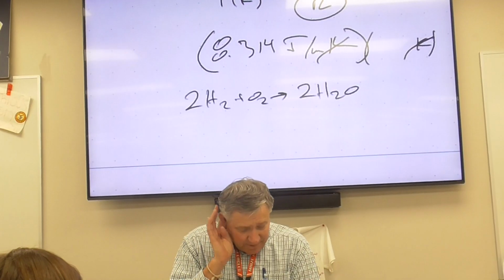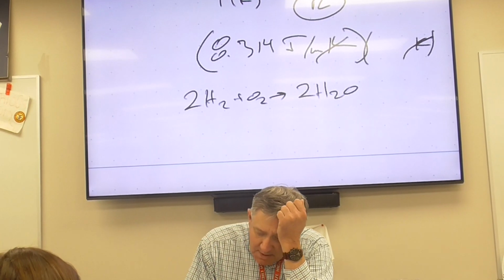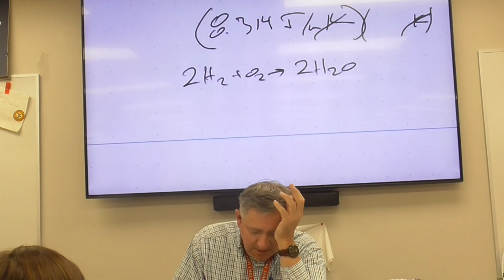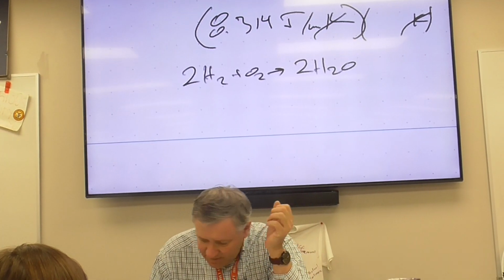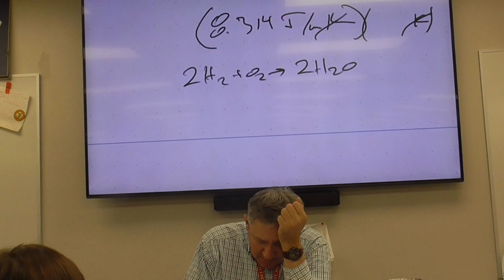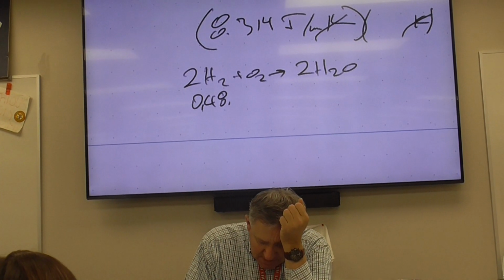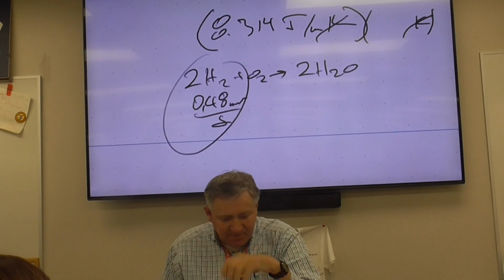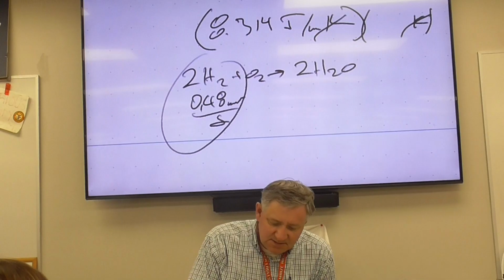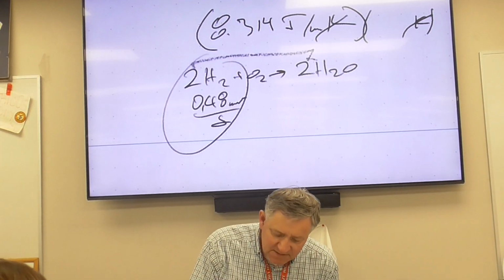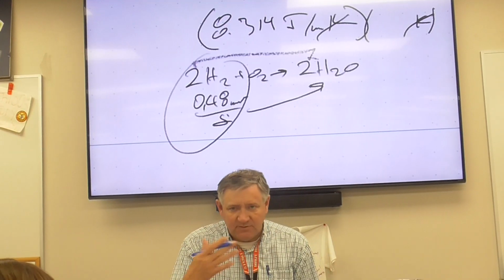So here is the story. I did the full thing when I worked this out. The first number is 0.48 moles per second. That's the rate at which the hydrogen is being consumed. Now, since these have the same coefficients, what do you think is going to happen to the rate of formation of water?